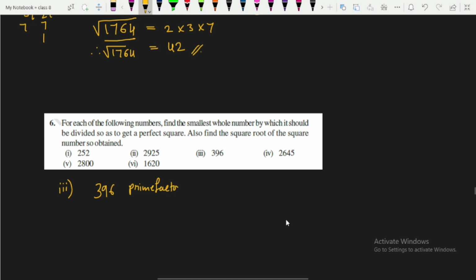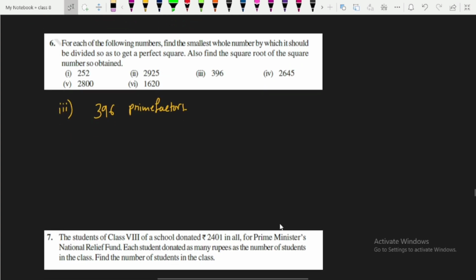We divide by 3: 3 1s are 3, 3 3s are 9, 3 2s are 6. Again divide by 3: 3 4s are 12. Then divide by 2, again divide by 2, and we get 11, so 11 1s are 11.